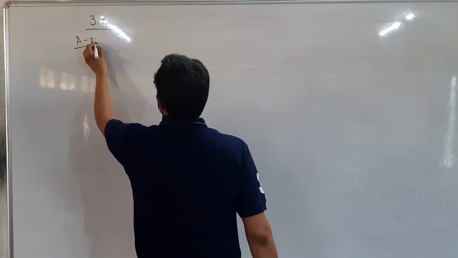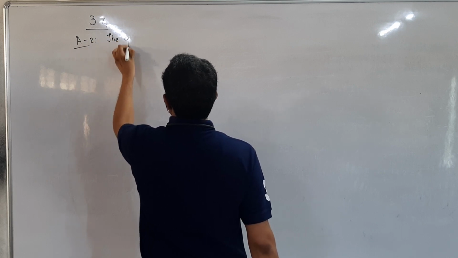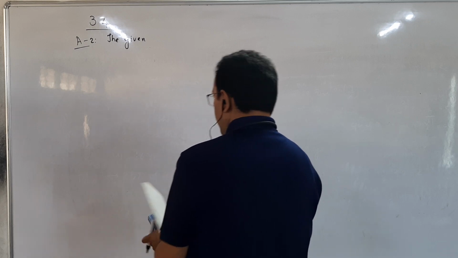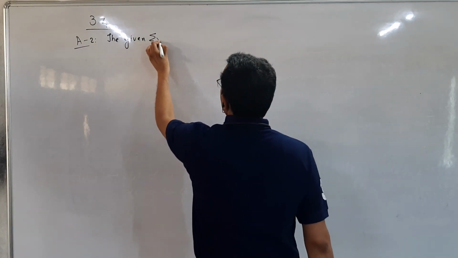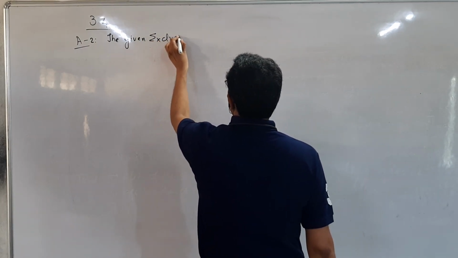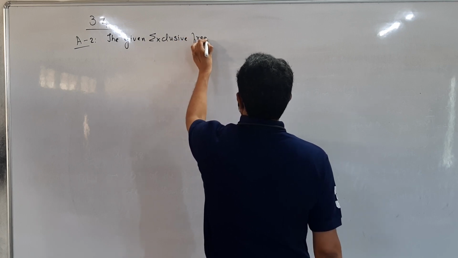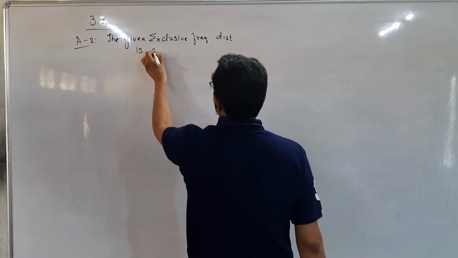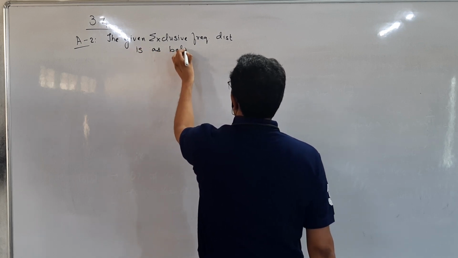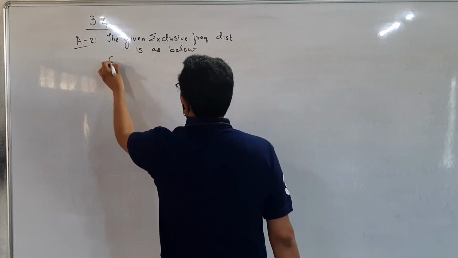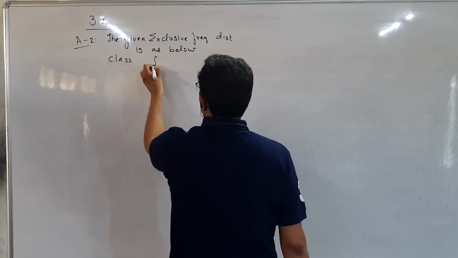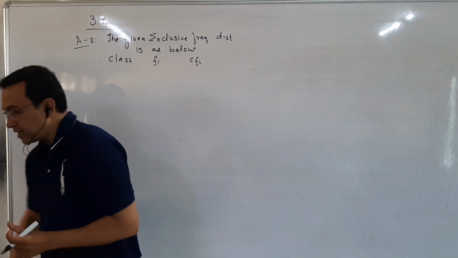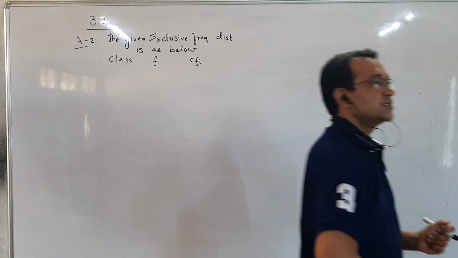Okay, so we write the given. Is it inclusive or exclusive? Exclusive. The given exclusive frequency distribution is as below. Make the column of classes, Fi, and only one more column, students. In that column is CFi.